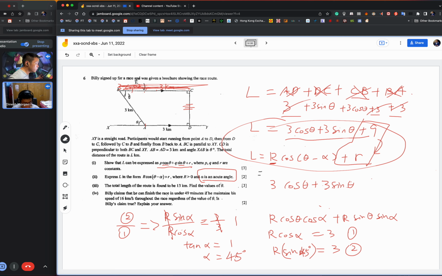So sine 45 will give you 1 over square root 2. It's square root 2 over 2. So therefore you get r times square root 2 over 2 equals 3. So your r is equal to 3 over that. Is it like 6 over square root 2?